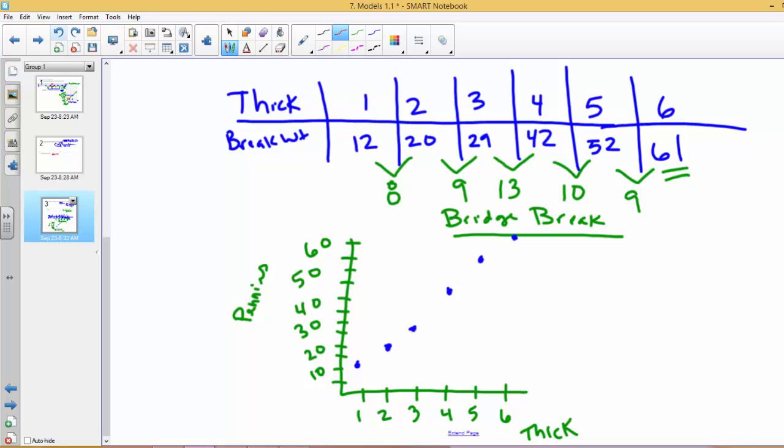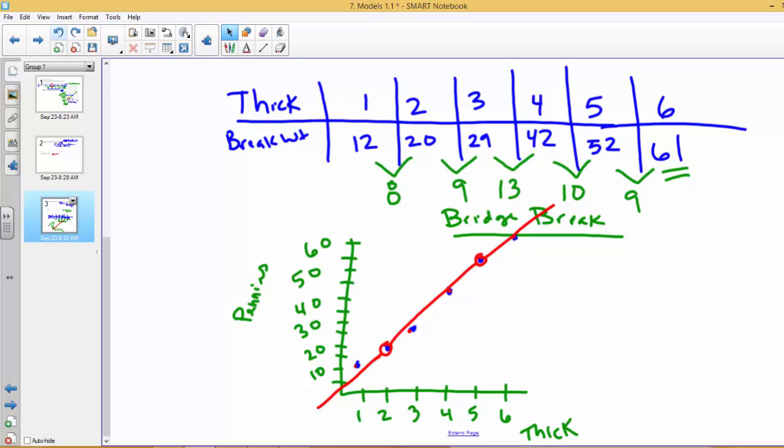So if you're drawing a best fit line, I'd probably use a ruler. And I think I'm personally going to go through these 2 points. And there is definitely more than one right best fit line, but as you can see, this is really close, this is really close, and I've got this one above and the one below.